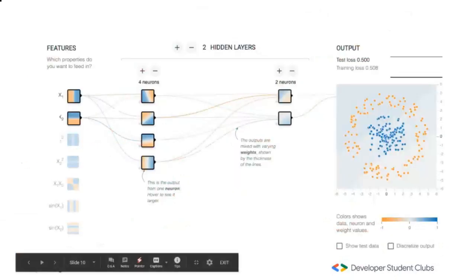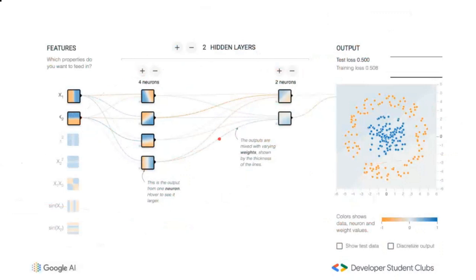So let me introduce you to a new thing called the TensorFlow Playground. It is an experiment by Google AI. Machine learning is typically implemented using programming languages like Python and R, but here we do not require any programming language to perform machine learning.